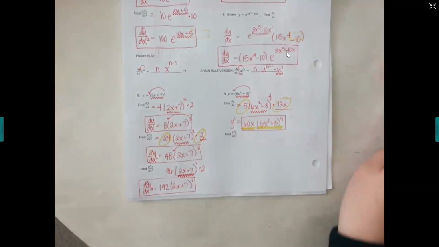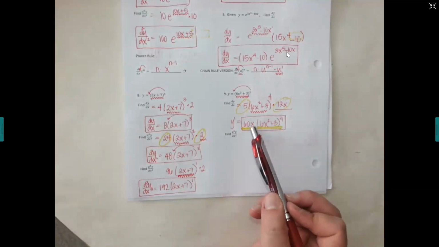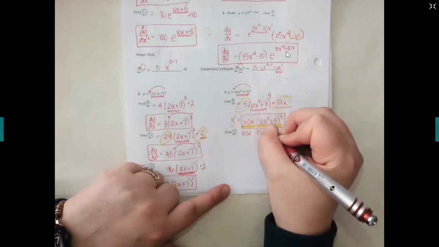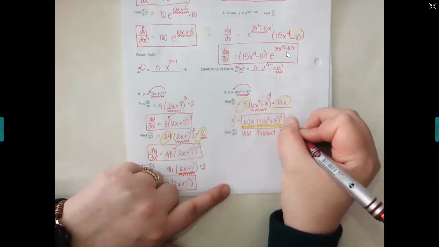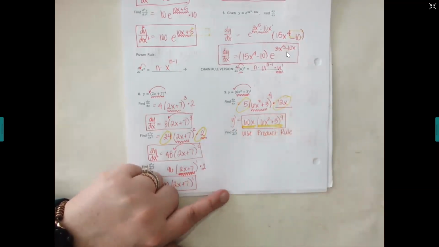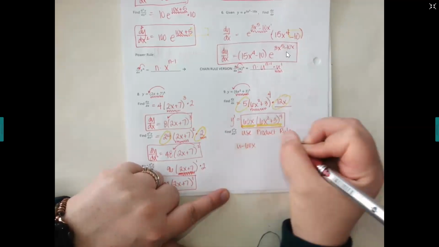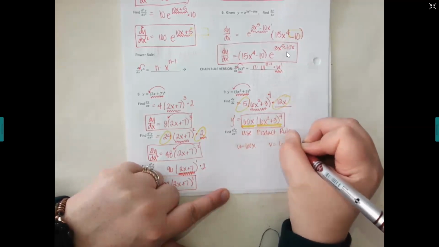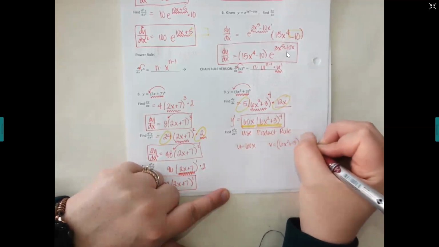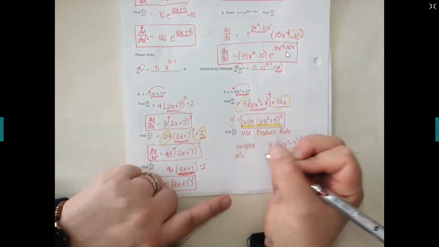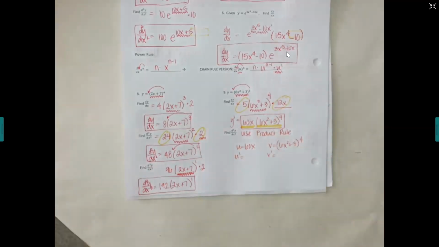Okay, hopefully you remember that whenever you have x stuff times more x stuff, you're going to need to use the product rule if you want to take the derivative of that again. So let's review how to do that. My u would be a 60x. My v would be a 6x squared plus 3 to the 4th power. Okay, then we're going to take the derivative of both of those parts separately, then write our cross product.